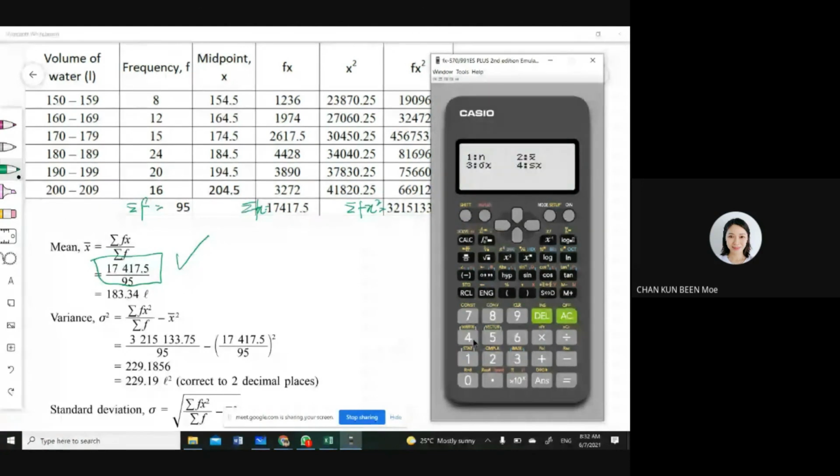And then we are going to choose, sorry, not number 4. Again, I press, sorry, shift 1. 3 first. Sorry, we want to get the fx squared. Okay, just now we choose this one to get the total fx. But then we are going to get the total fx squared right now. So I'm going to choose 1 and press equal. So you will get this value exactly the same as this.